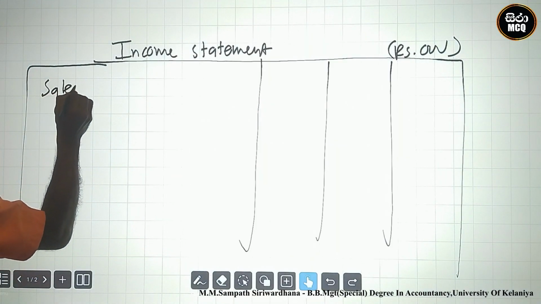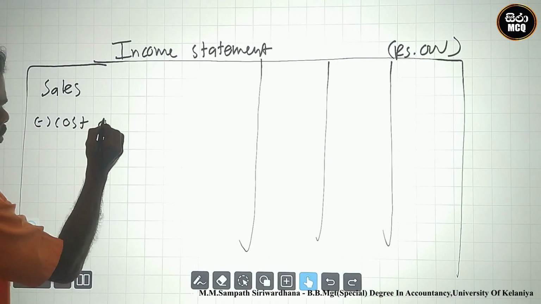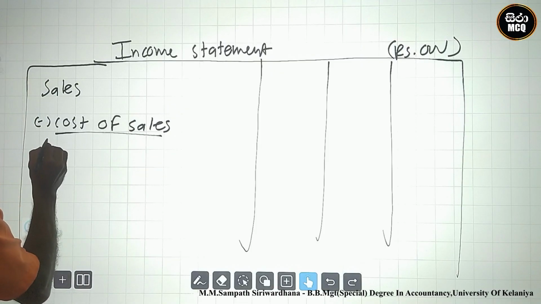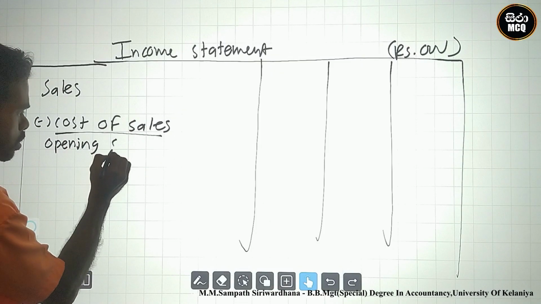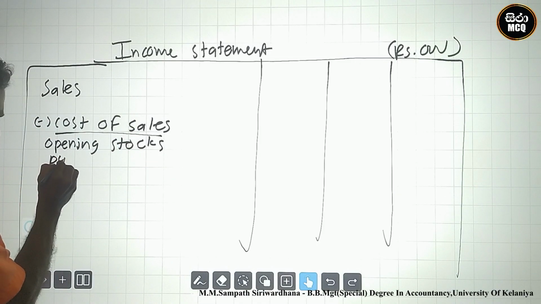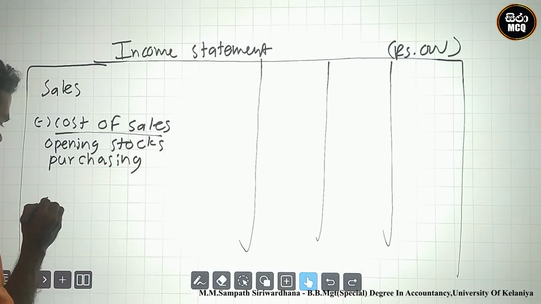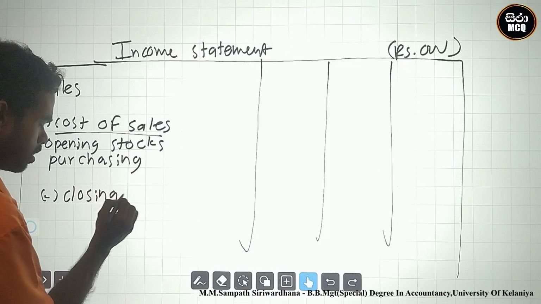Firstly, we must identify sales minus cost of sales. How can we calculate cost of sales? Opening inventory, opening stocks, I add purchasing. After that we deduct closing inventory, closing stocks.